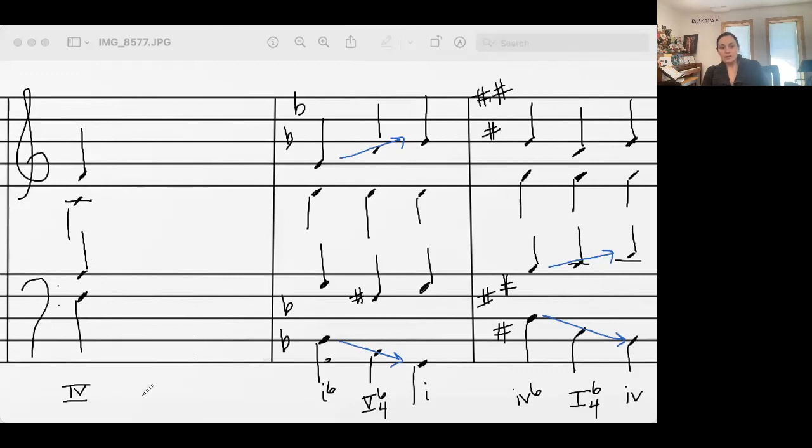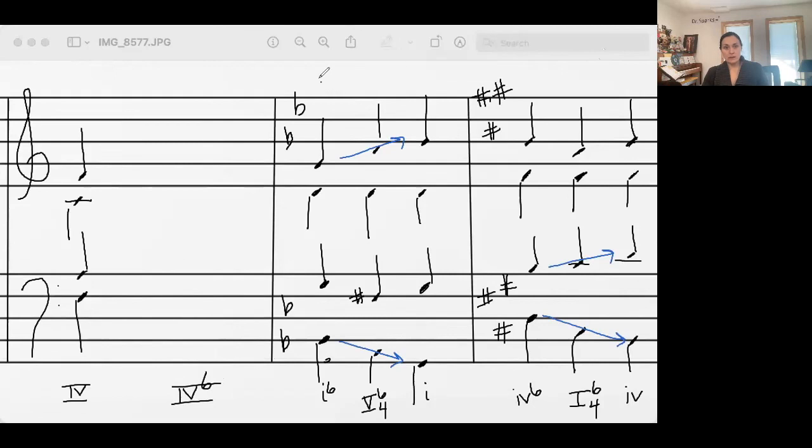I want to go kind of like a passing 6/4. I want to go to a IV6. In between the IV6, we're not going to do another voice exchange in the same respect that we've done with passing chords.